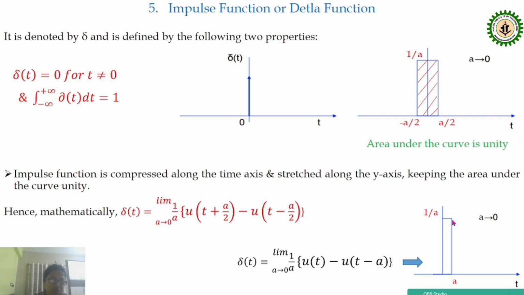For simplicity, you can keep only the positive part. The first part starts at t equals 0 and ends at t equals a. So this is written as u(t) minus u(t minus a), and the magnitude is 1 by a. But a here tends to 0, so you also have to mention that, which is why you write limit a tends to 0.